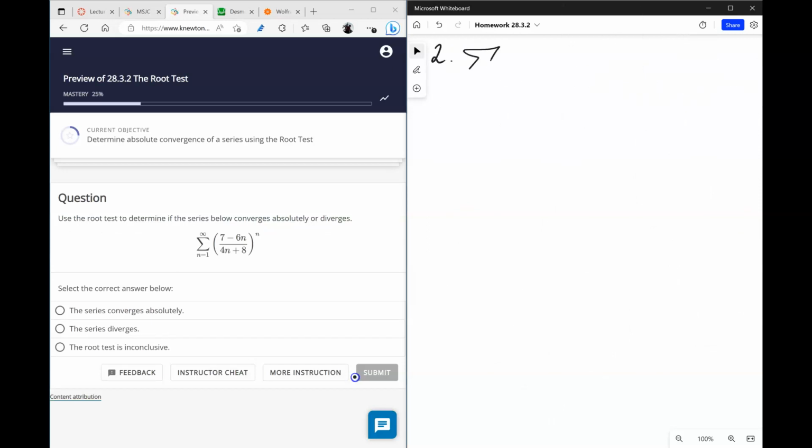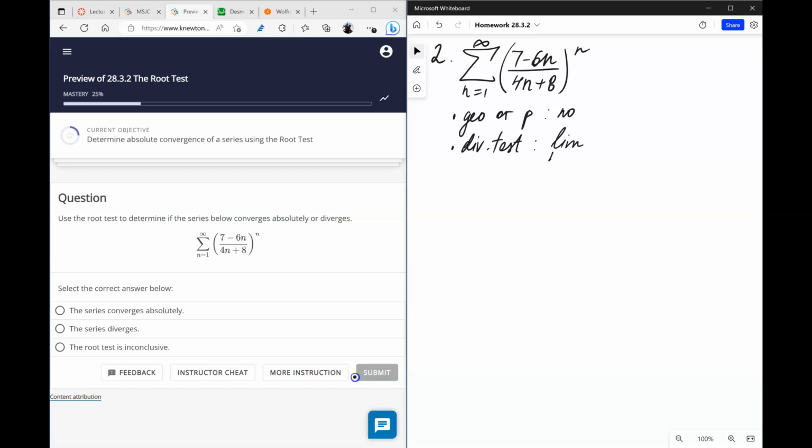We have another root test. Normally we would check if it's a geometric or p-series. Then we will try to set up the divergence test. And if finding this limit is too complicated, then we would bypass this step.